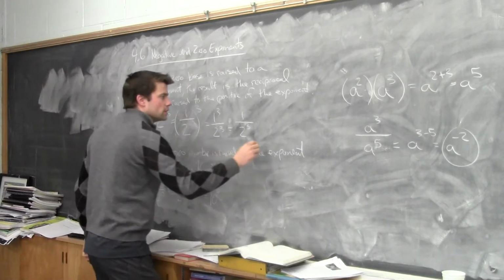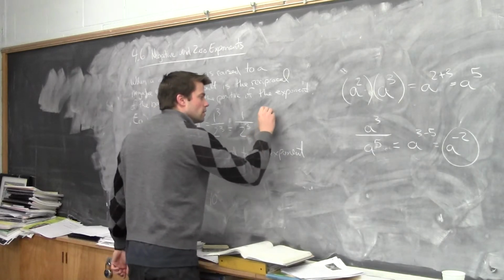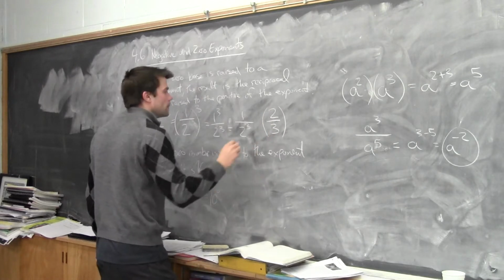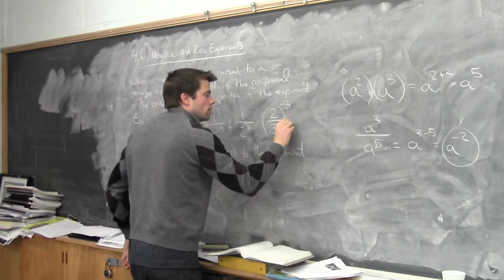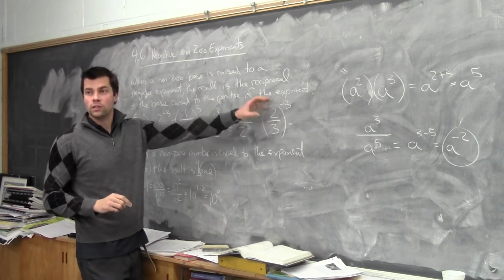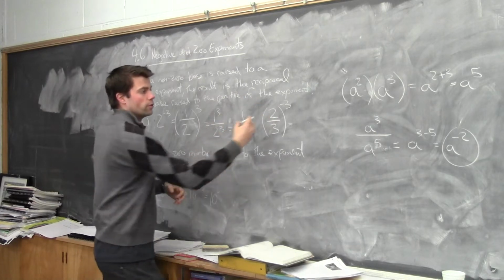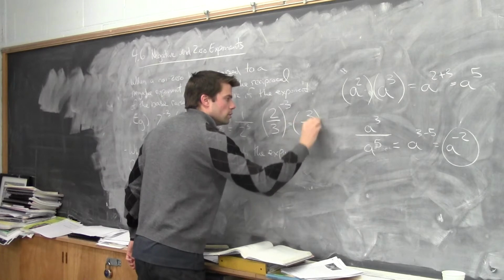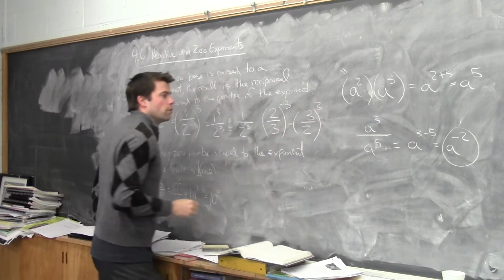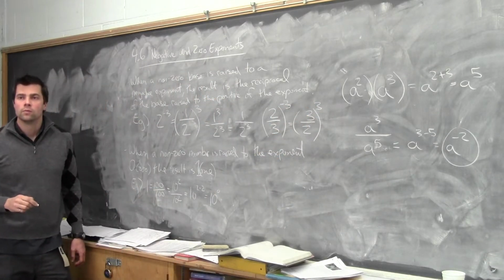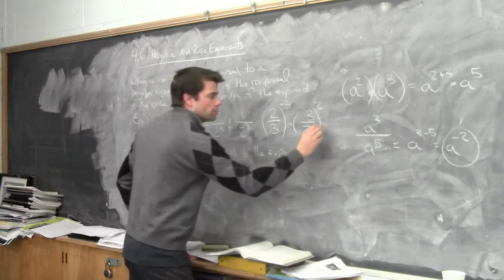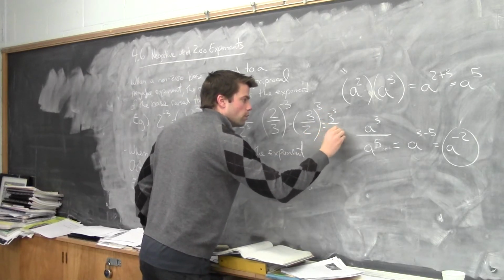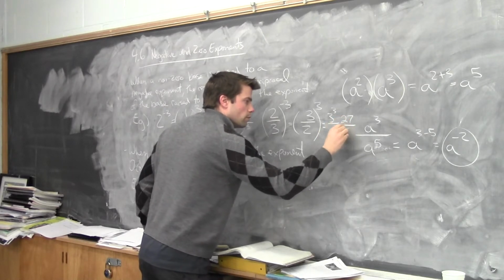So as a better example, if we had a fraction, say 2/3 to the exponent of negative 3, now we're going to take the reciprocal of 2/3. So you're flipping the base, 3 over 2, and now the exponent becomes positive. And then you can further simplify that to 3 cubed over 2 cubed, or 27 over 8.